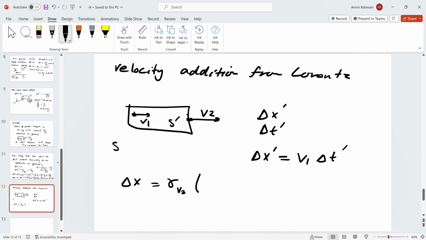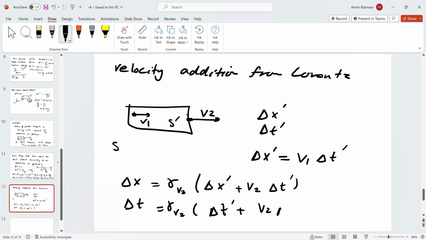And then I have delta X prime plus V2, again, that's relative velocity, delta T prime. And delta T is going to be this gamma of V2, delta T prime plus V2 delta X prime over C squared.